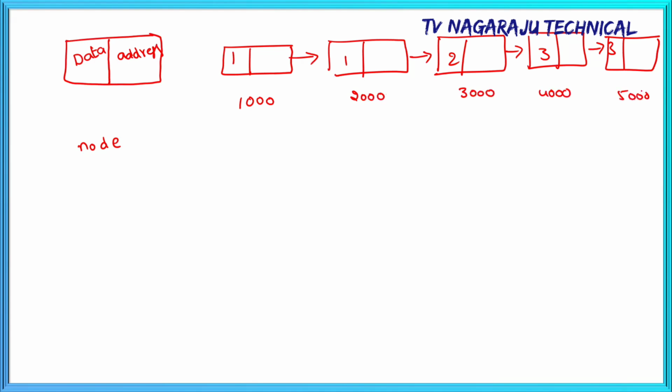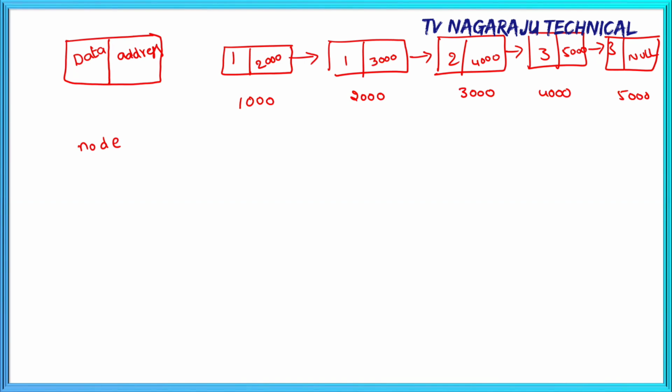This is my assumption only. Here at position 1, the value is 1. Here what is stored? 2000. Now you got the point. This element stores the address of the next element. Here 3000, here 4000, here 5000. At the last position, the address is null. This is the way to represent a single linked list.